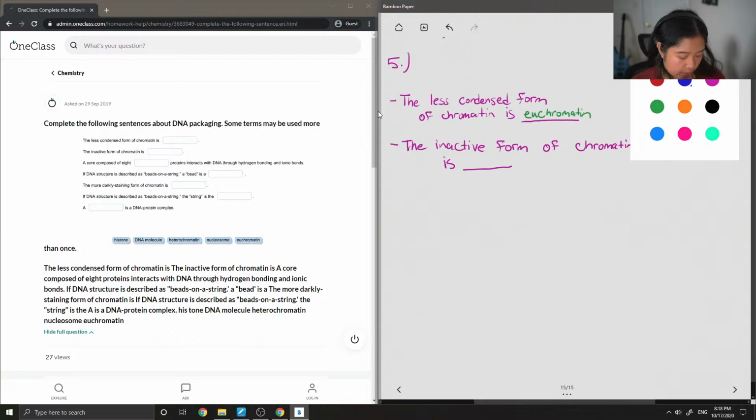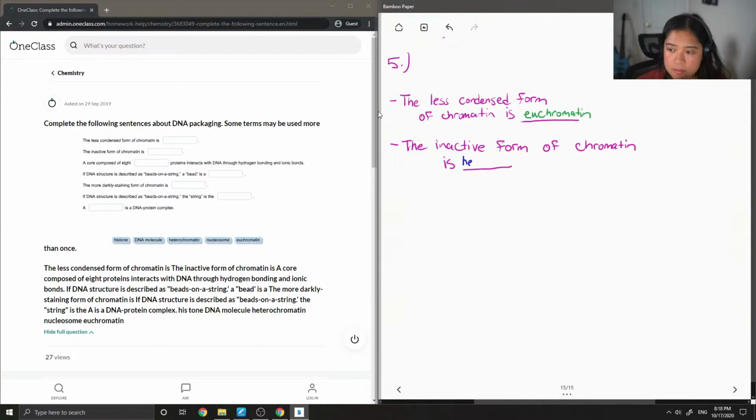So the answer for this one is heterochromatin. Next, a core composed of 8 blank proteins interacts with DNA through hydrogen bonding and ionic bonds.